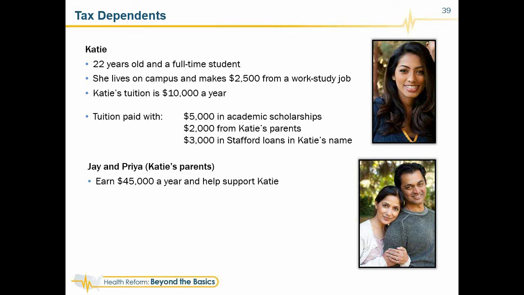She does a work-study job where she has a little bit of earnings, and she has tuition. Her tuition is paid through a combination of scholarships, her parents, and a Stafford loan that's in her name. So Katie's parents are Jay and Priya, and they earn $45,000 a year, and they help to support their daughter, Katie.